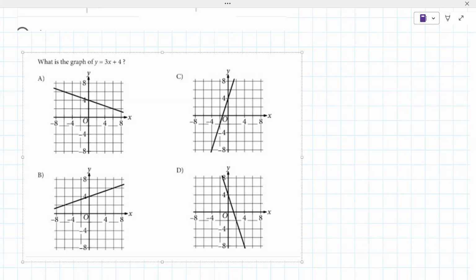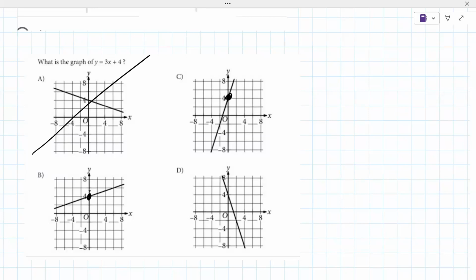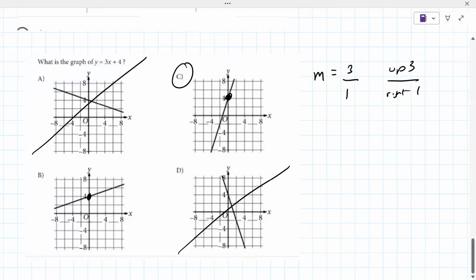I'm pretty confident. I agree that B and C both have positive slope and go through the right B value. But what is the slope of this equation? It's 3, or 3/1, so that means it's up 3 and right 1. So it's C. C is steeper. I forgot about that. Very important.